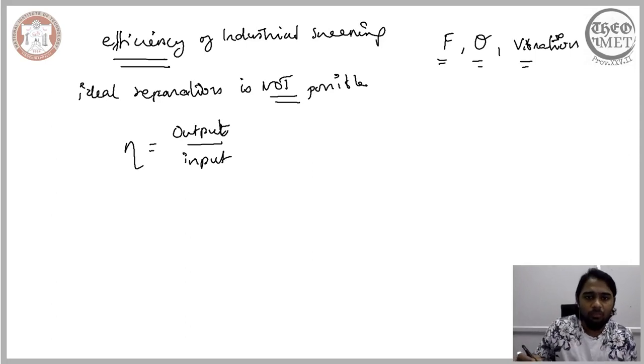Now the output for a conventional screening process is the amount of particles that you are able to separate.